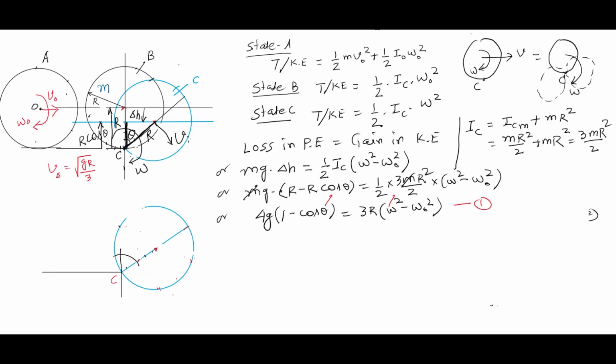It is rotating about the point of contact with angular speed omega. So in the non-inertial frame, which we are considering, the centrifugal force m omega square r will act at the center of mass of the disk.